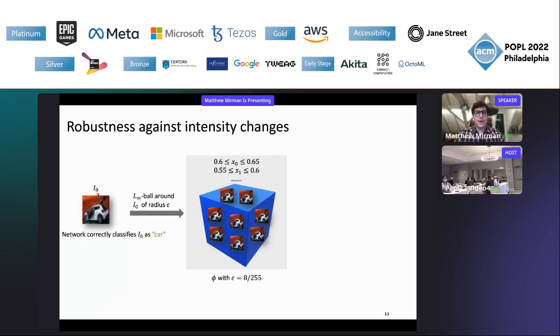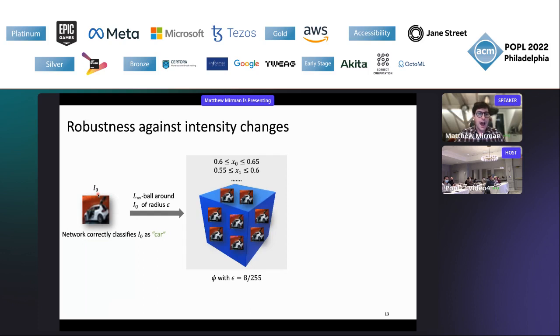To do this, we take an L-infinity ball around this image, which specifies any image that is produced by modifying all of the pixels an imperceptible amount as measured by an L-infinity distance. This gives us essentially an interval or a box around the original image.